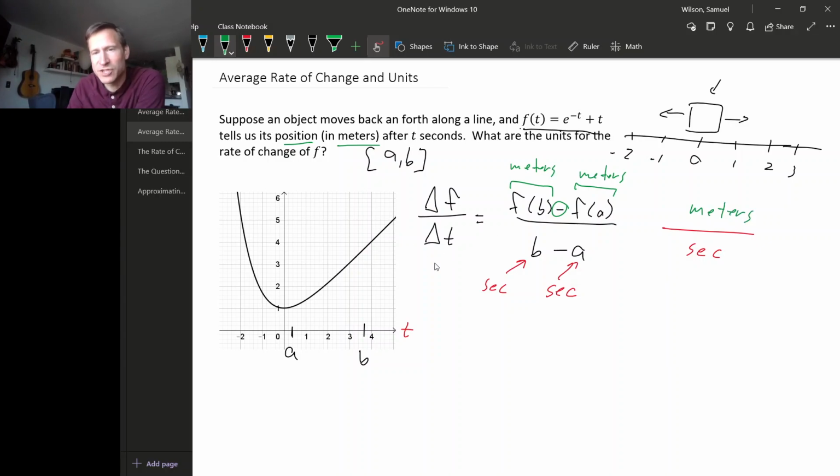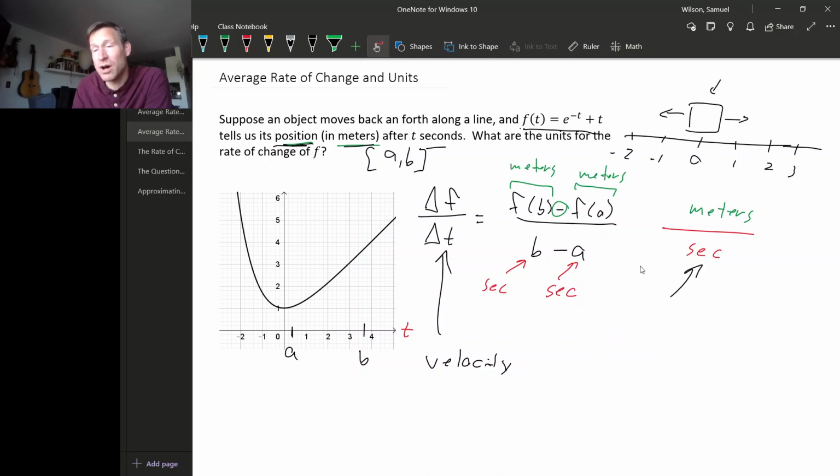So this rate of change, the units for it are meters per second. And that makes sense because the rate of change of a position is what we usually call velocity. And if you're measuring distances in meters and time in seconds, then velocity ought to come to us in meters per second. And sure enough, that's what this formula spits out. It gives us meters per second.